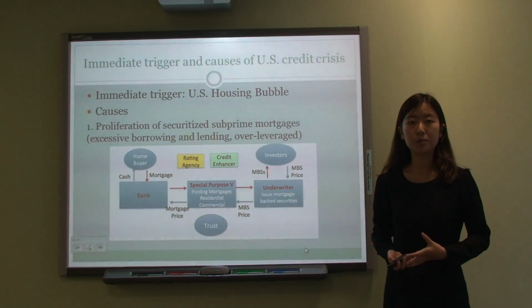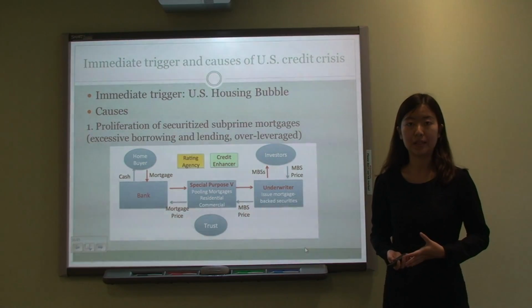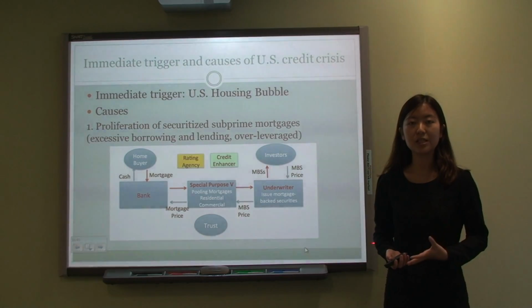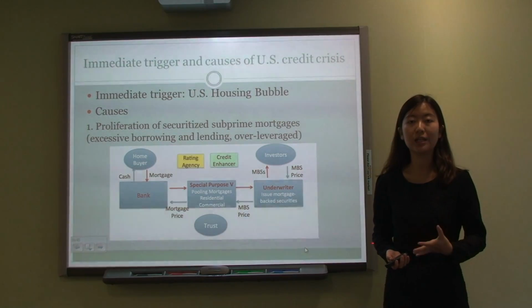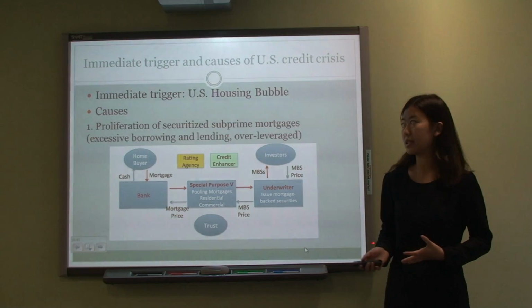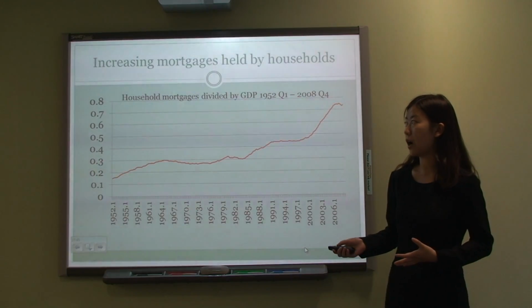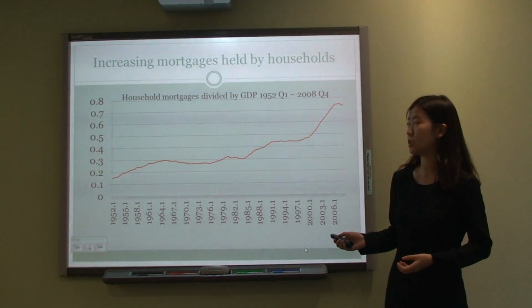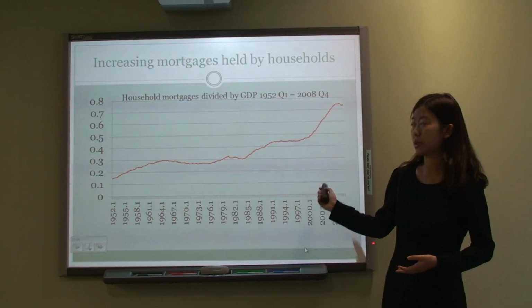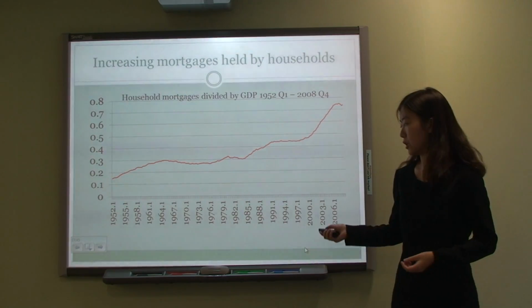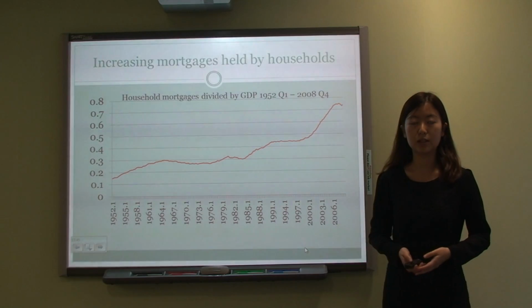And the higher the volumes of the transactions, the higher the profit they gained. Therefore, they had the incentive to relax the lending standards and to lend aggressively to the borrowers. And the portion of household mortgage divided by GDP therefore increased very extensively from 2000.